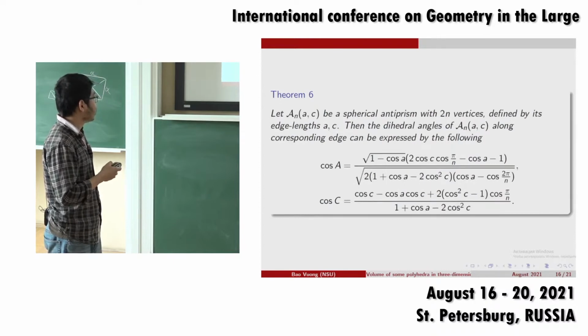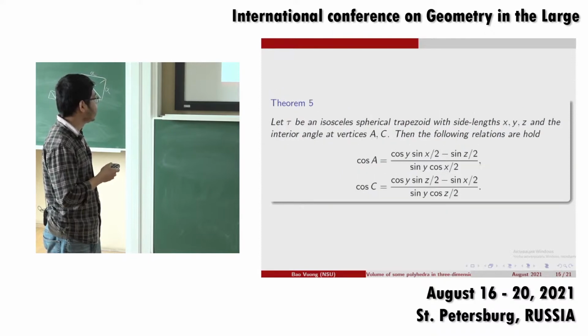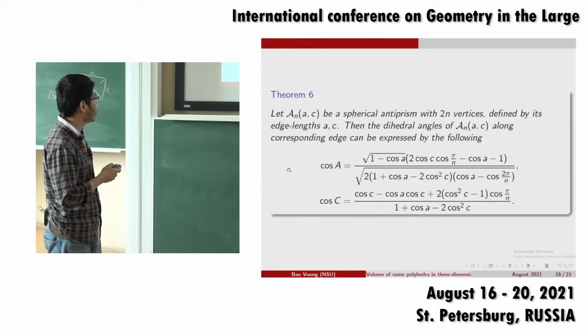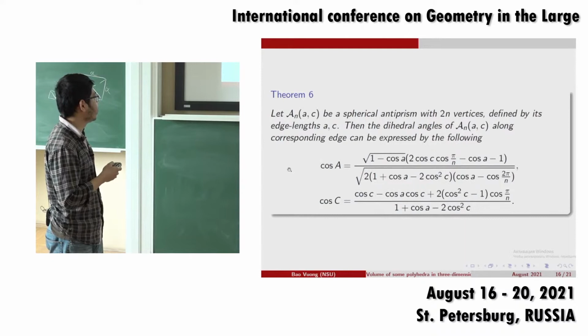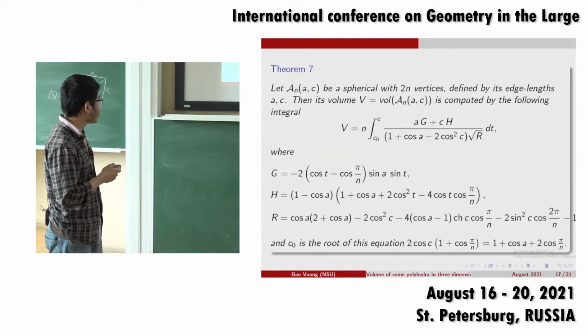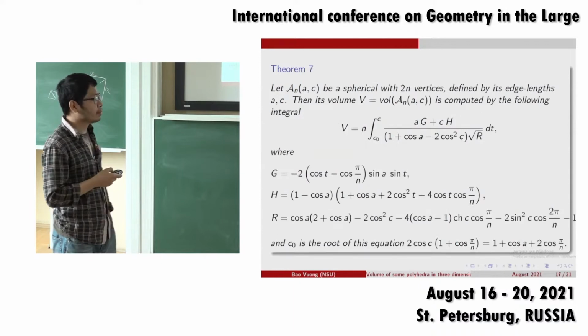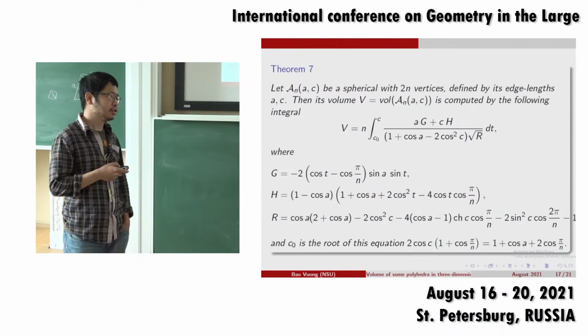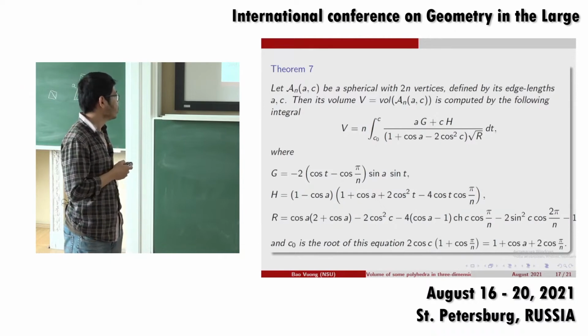And again, using this property in the isosceles spherical trapezoid, we can get the relation in the spherical antiprism between the edge lengths A and C and the dihedral angles A and C. And again, we apply the Schläfli differential equation for this.